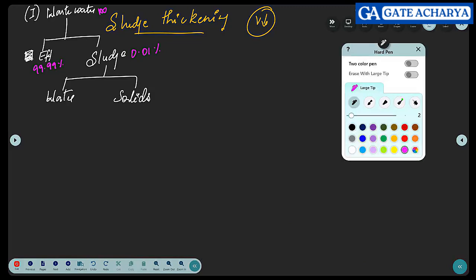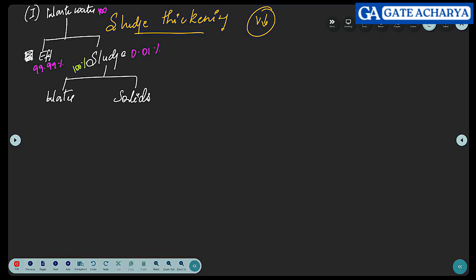இப்போ அடுத்து, இந்த ஸ்லட்ஜ் 100% எடுத்துட்டீங்க அப்படின்னா, 99% will be water and 1% will be the solids. Okay, compare பண்ணிக்கங்க, கன்ஃபியூஸ் பண்ணிக்காதீங்க. வேஸ்ட் வாட்டர்ல, இன்ஃப்ளூயன்ட்ல 0.01% சாலிட்ஸ் இருக்கும். அதே ஸ்லட்ஜில் எடுத்துட்டோம் அப்படின்னா it will carry 1% of the solids.